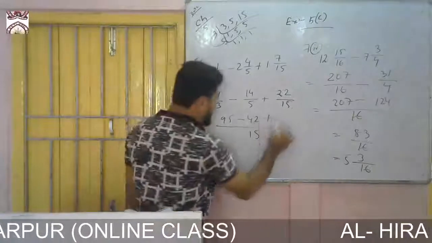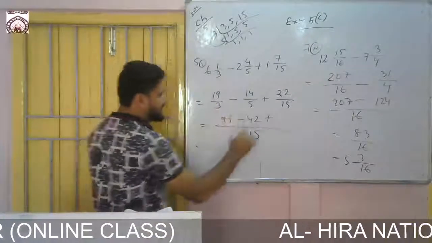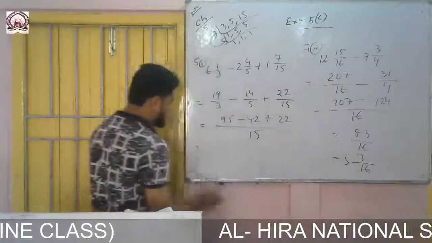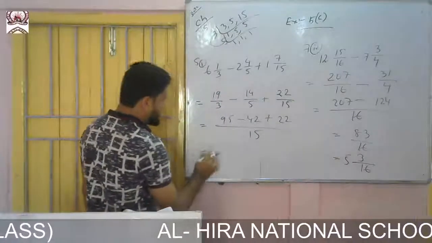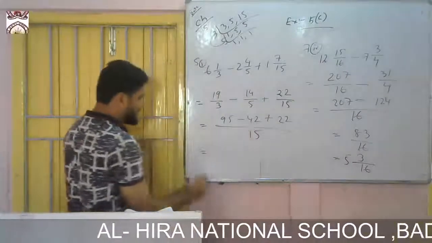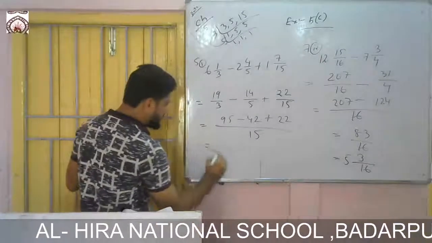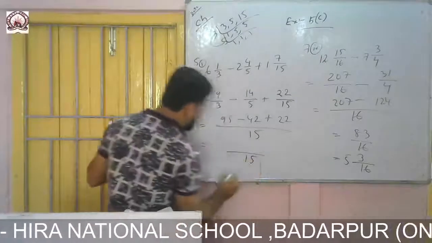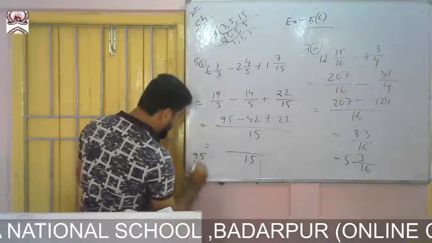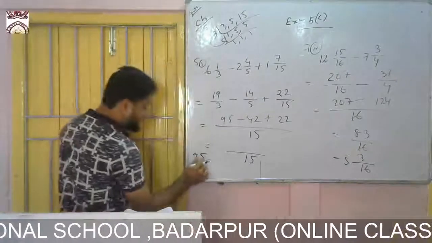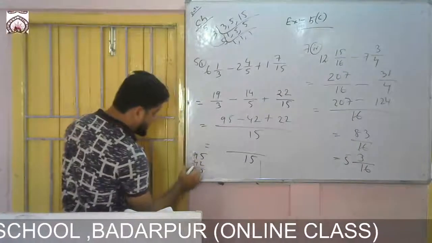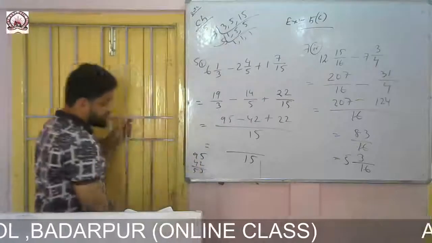Now plus 15, 1s are 22. Now subtract: 95 minus 42, how much? 5 minus 2 is 3, 9 minus 4 is 5.